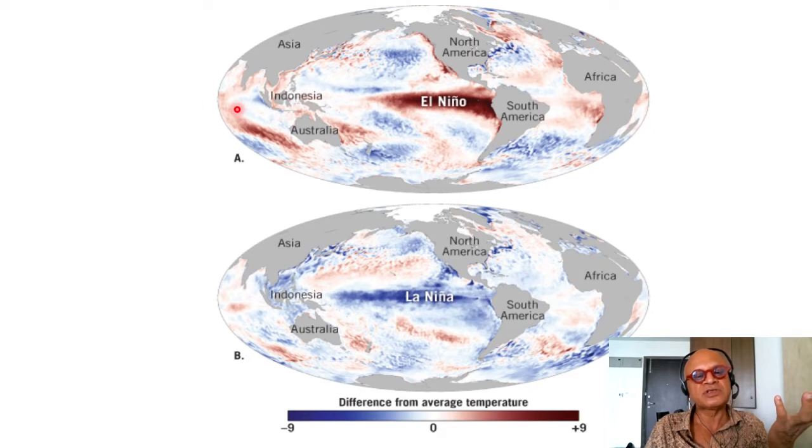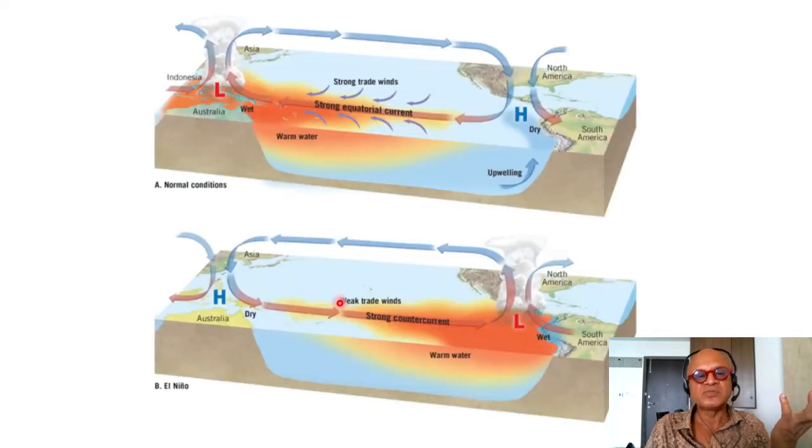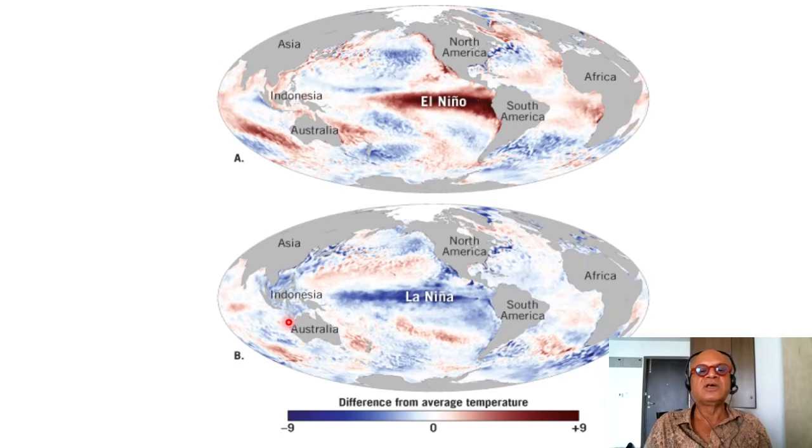The Indian Ocean also responds, because when you perturb this circulation, you can see that the Indian Ocean's Walker cell is also perturbed, and that's what creates droughts during some El Ninos. And this is how a La Nina looks: winds get stronger than normal, upwelling gets stronger than normal, you get colder than normal sea surface temperatures, and you get greater than normal rainfall over here.